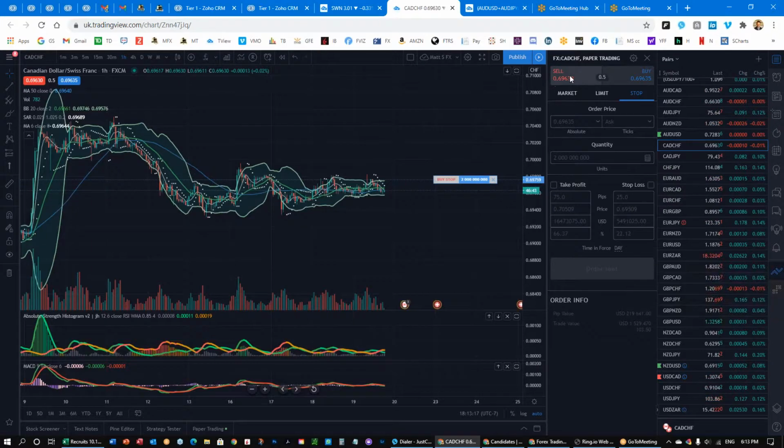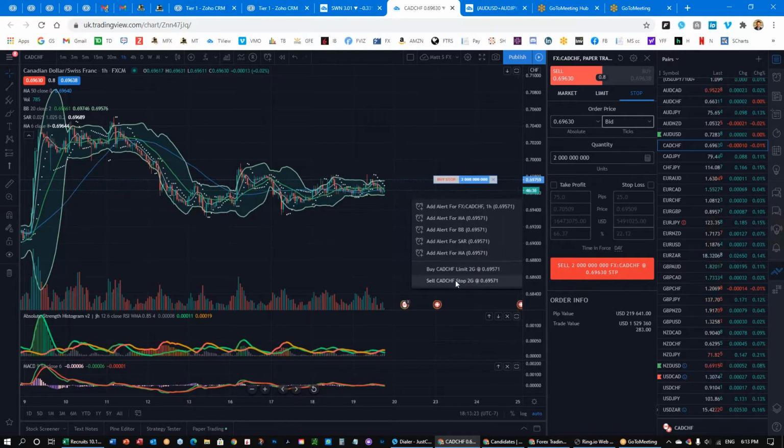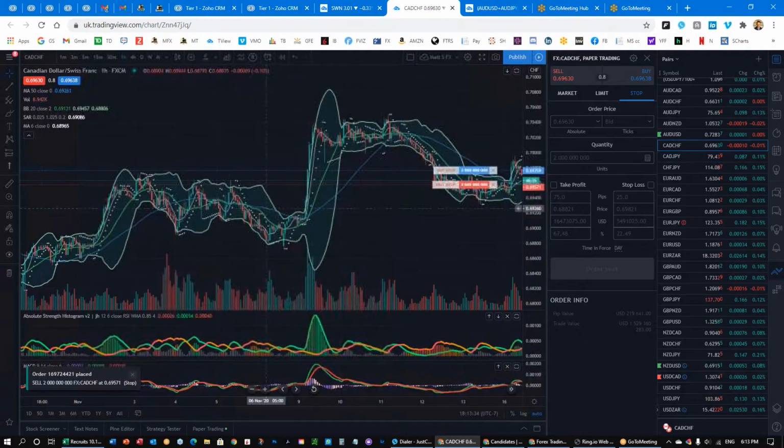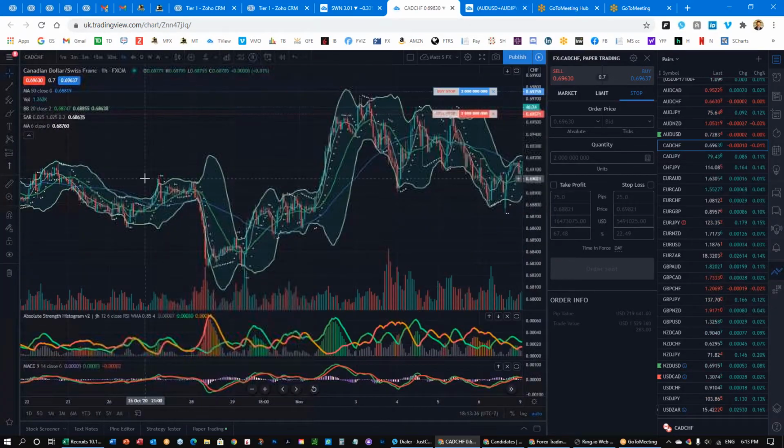Conversely, let's do a stop sell and place it right here. Now we have a bracket order on. Whichever way it breaks, and when it breaks, they usually do, as we've seen.